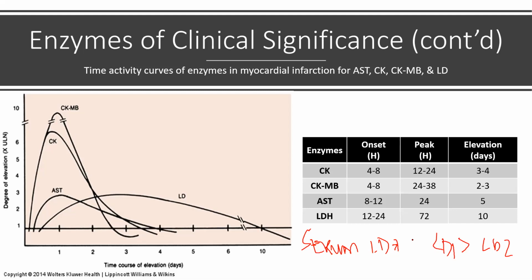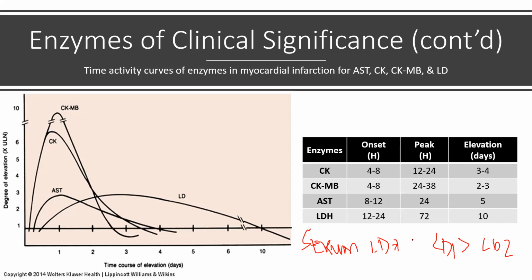So pag nagkaroon tayo ng electrophoretic pattern ng LDH, ang unang magpipik pag mayroon kang myocardial infarction is no other than LD1. Pero different siya pagdating kay CSF, di ba?